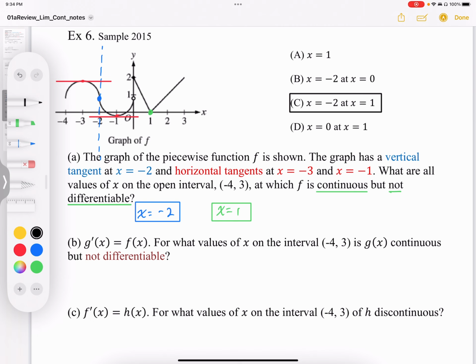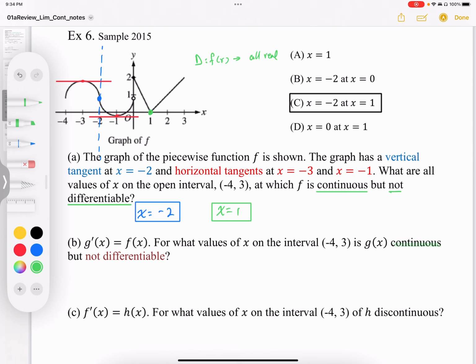The reason why g of x is continuous is because the domain is defined for the whole interval. So the domain of f is all real numbers.